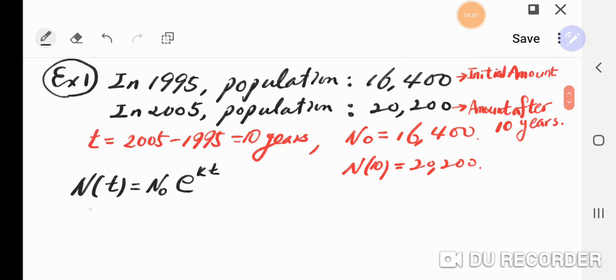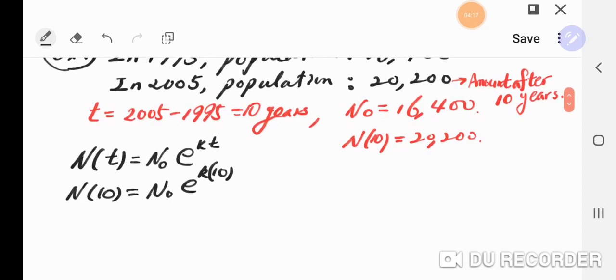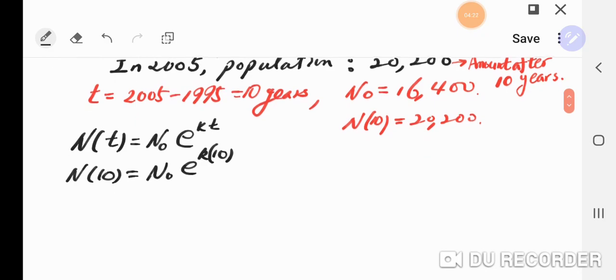So N of 10 will be 20,200, and N0 is 16,400, times e to the k times 10. So from this equation, we have all the values except k.